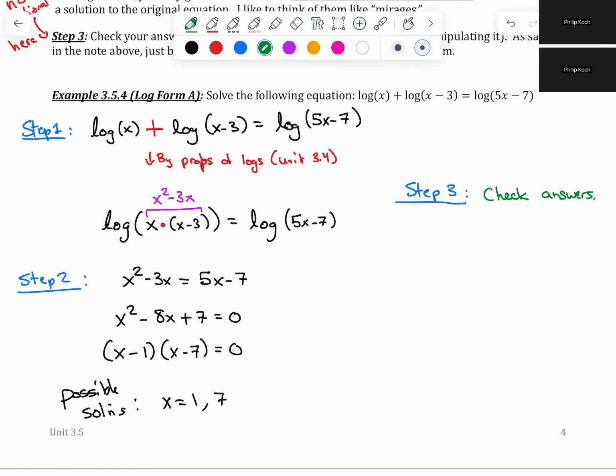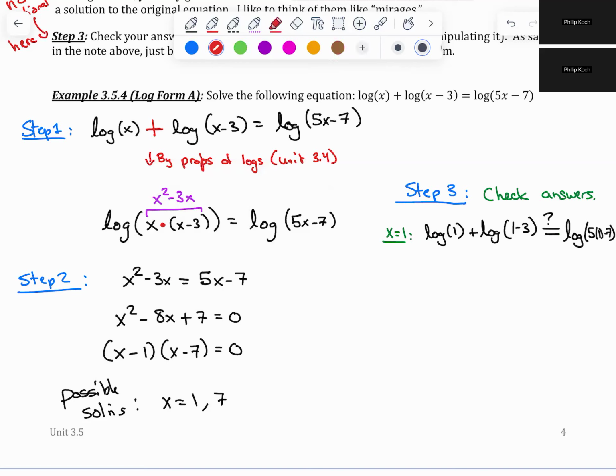So I'll check x equals 1 and I get log of 1, that's fine, plus log of 1 minus 3. If it was me right now, I would stop and say, I know that it's not going to work, but I'm going to write out the whole thing just so we see it. Does that equal log of 5 times 1 minus 7?